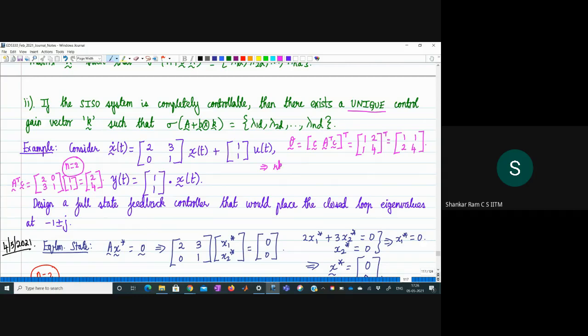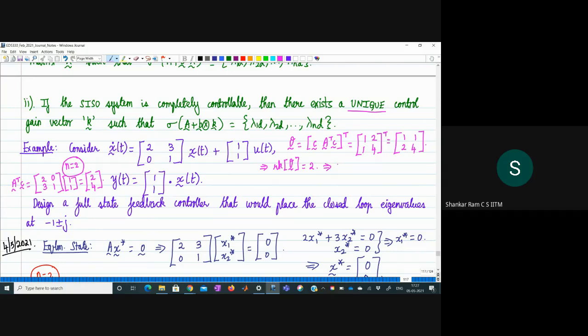Immediately we observe that the rank of the observability matrix is 2, because the two columns, 1, 2 and 1, 4, are linearly independent. I cannot write one column as a multiple of another. A simple check is to calculate the determinant, which is non-zero, so it is full rank.